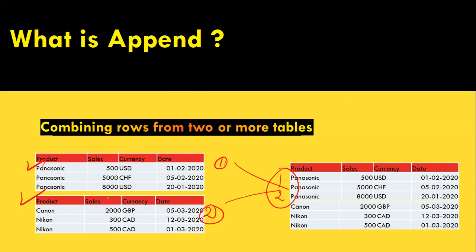You just push this up, and remove the column header. The same thing you are seeing here. Simply you are combining data from two files. You just take the second file's data and make it part of the first file. So after Panasonic, Canon, Nikon, these records were added here, right? This is what Append is all about.